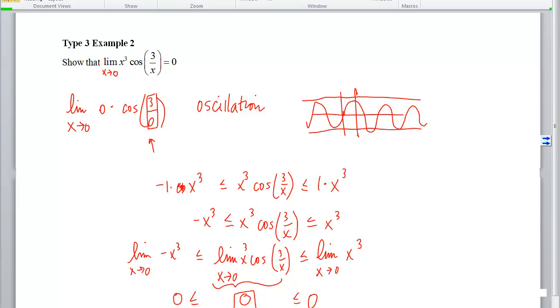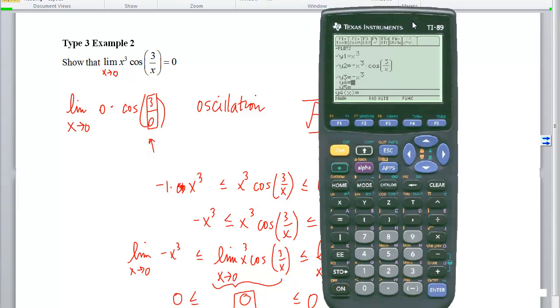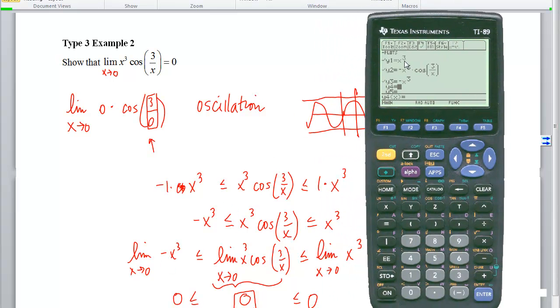Now I verified this graphically by looking at the calculator. If we go in here and we examine, y1 is x cubed, y2 is the original function, and y3 is the opposite of x cubed, and I graph it, I have chosen a window that kind of illustrates it. Actually, let me regraph so that you can see it as it tracks through. Here's my x cubed function.